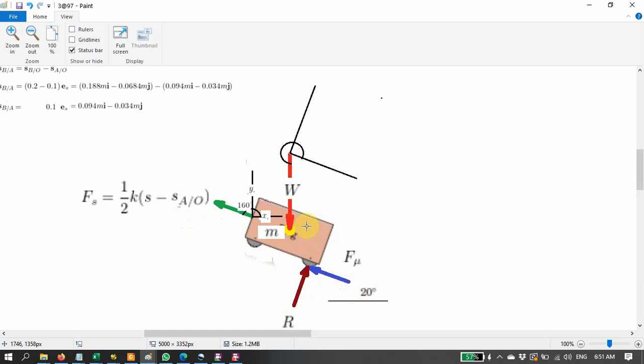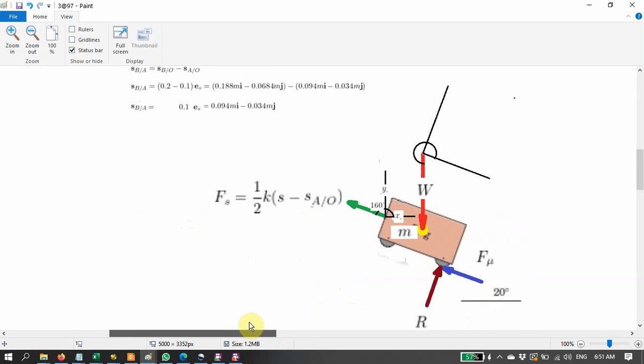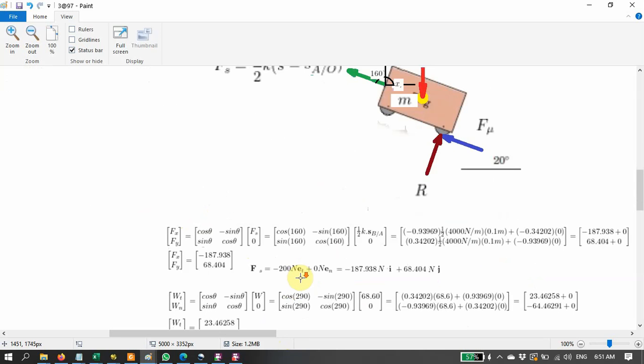So if there is friction, we are going to use the n-t coordinate system, and from that we can find the components of the weight in the normal and tangential directions. So the force in the tangential direction is 200 Newton for the spring, right? So this one is for the spring, sorry.